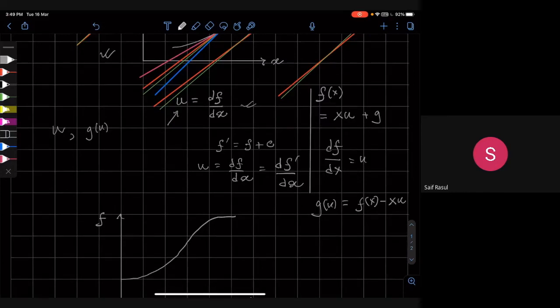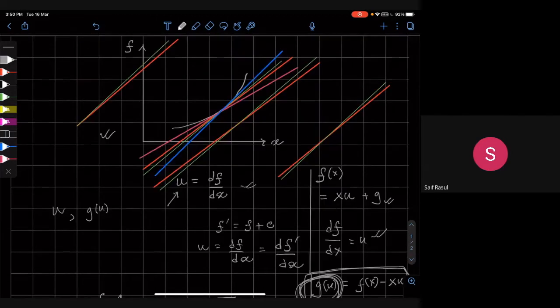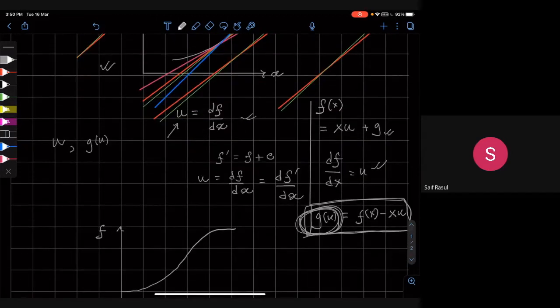Okay, so this gives you the intercept of each of these lines of the slope u in the f-axis, and this is essentially the Legendre transformation, right? So this function has all the information that you need as a function of u to be able to reconstruct the original function, because whatever you choose, you're going to get the intercept.